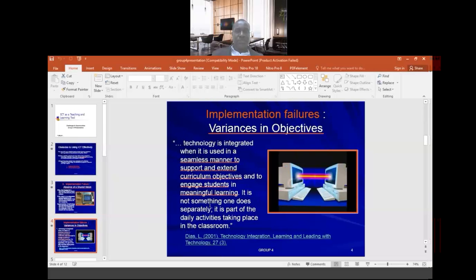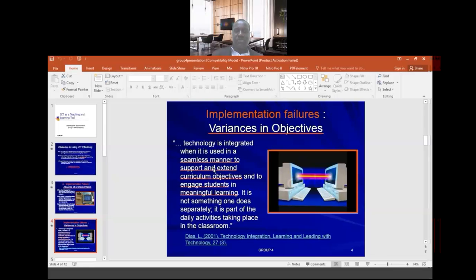Next is variances in objectives. So we are looking at basically what are the objectives of implementing this technology? Okay, so we are saying that this integration should be seamless and it should support what the curriculum requires, or the objectives of the curriculum.